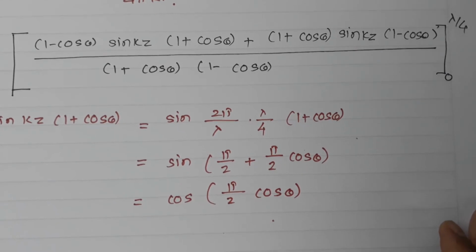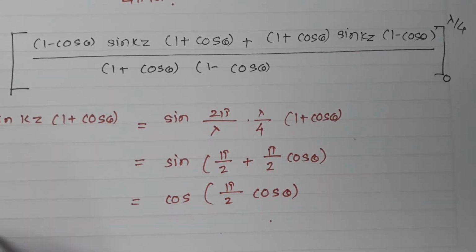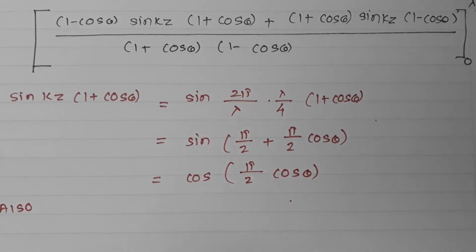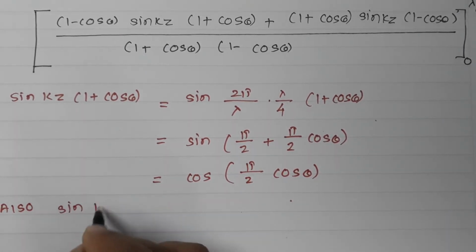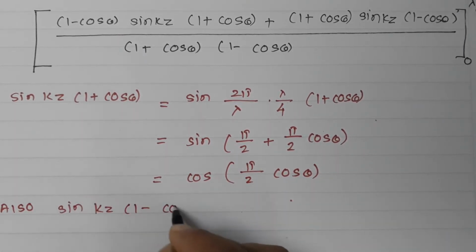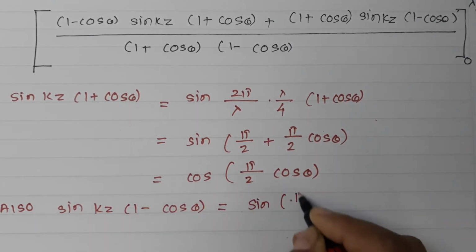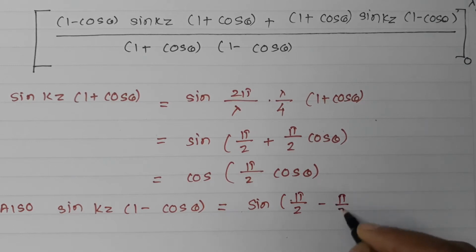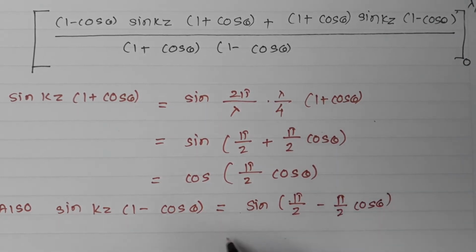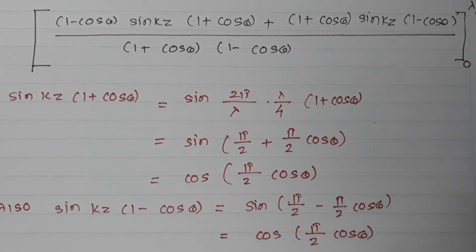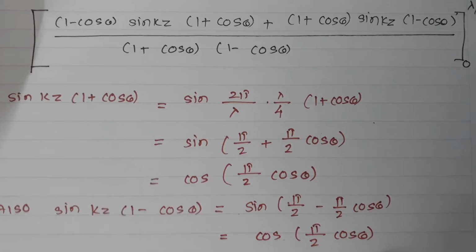Also I can write my next equation: sin(kz(1 - cos θ)) equal to sin(π/2 - π/2 cos θ), which is nothing but cos(π/2 cos θ). So I have got this kind of thing when solving that particular equation.